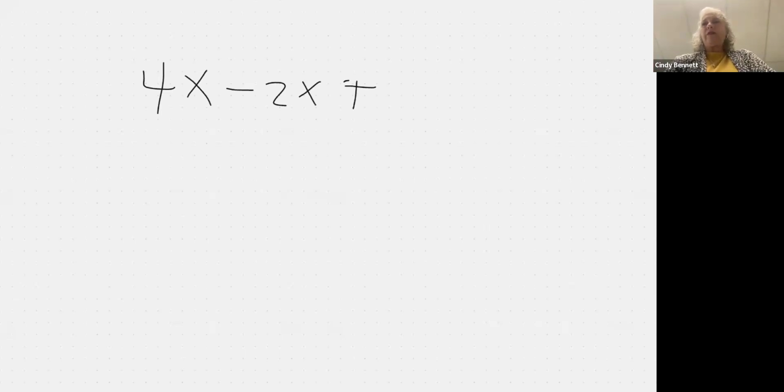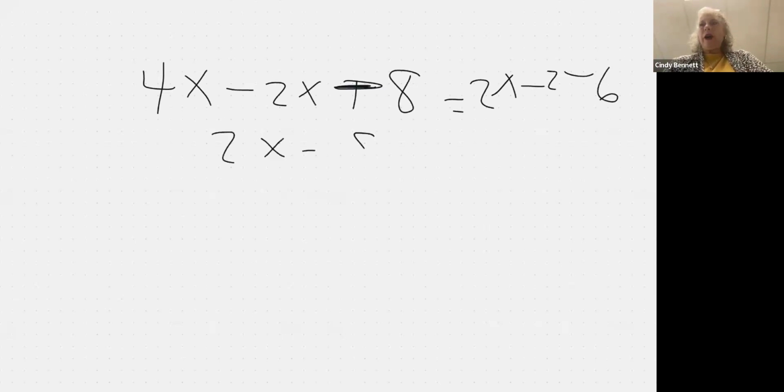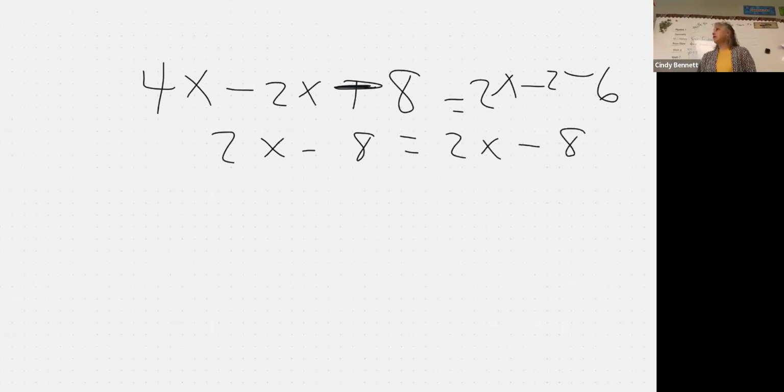So 2x minus 8 equals 2x minus 8. So what's going to be the answer on that? It's identity, because anything I put in for x is going to work. All right, so that's what we're going to do on that.